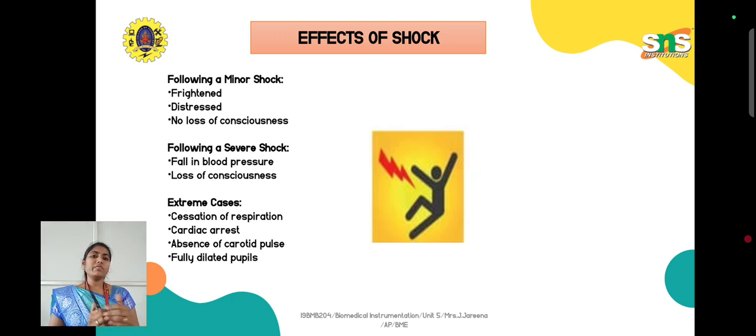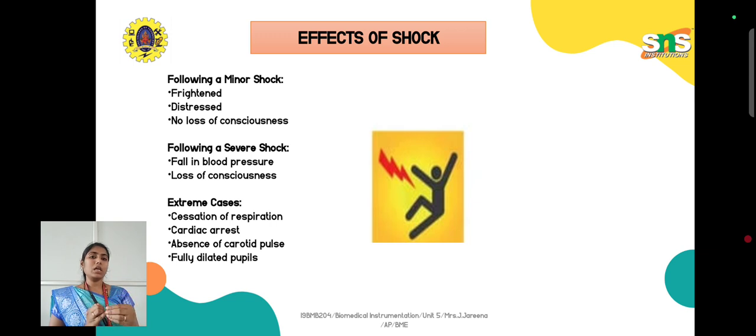But in severe shock, the patient's BP will drop, and they may go into loss of consciousness. The last is the extreme case, where we have to give full attention in order to recover their life.